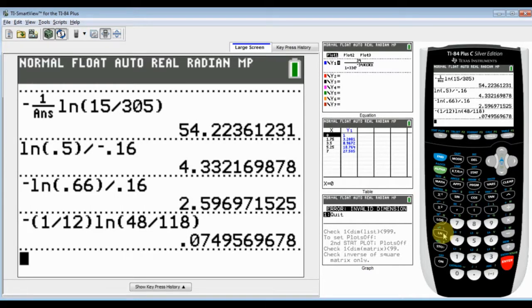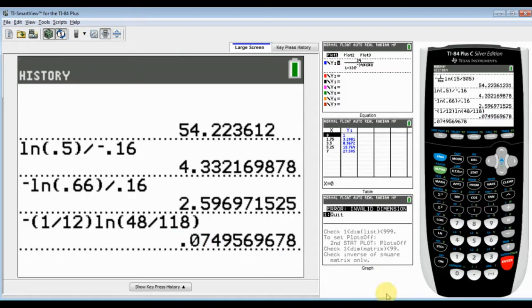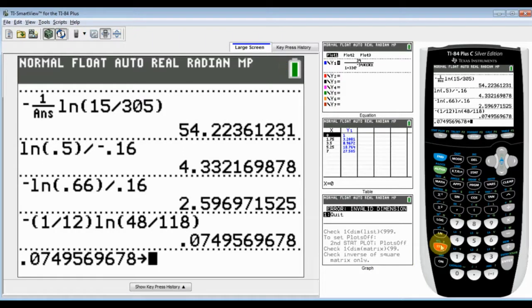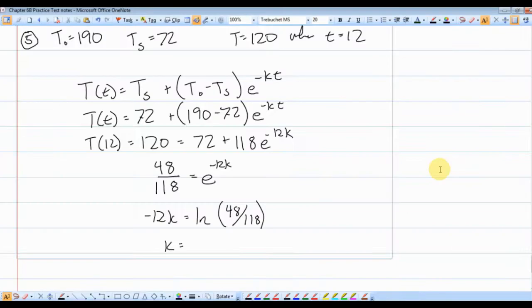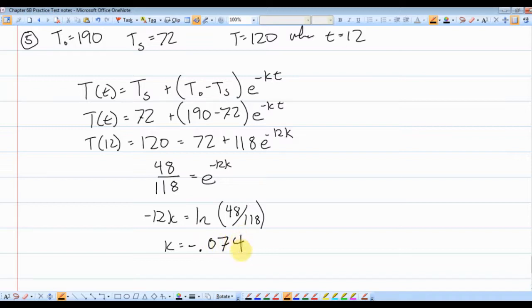K equals 0.074. I think someone was very wise and said, why don't we store that? Sure. Let's store that as K. That's not a bad idea. K equals negative 0.074. Wait, it's not negative.